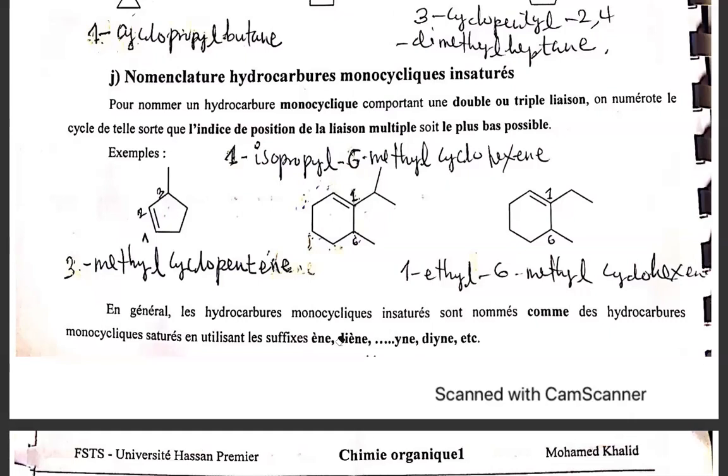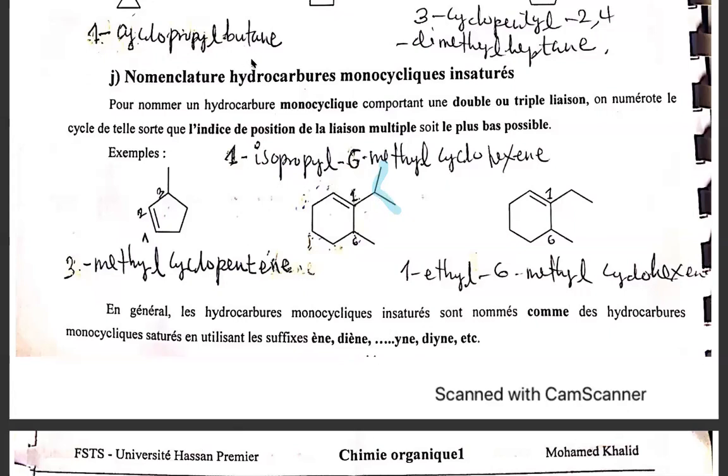So I'm failing to understand how we've got a propyl here, the 3 carbons. This is our chain principle, isn't it?